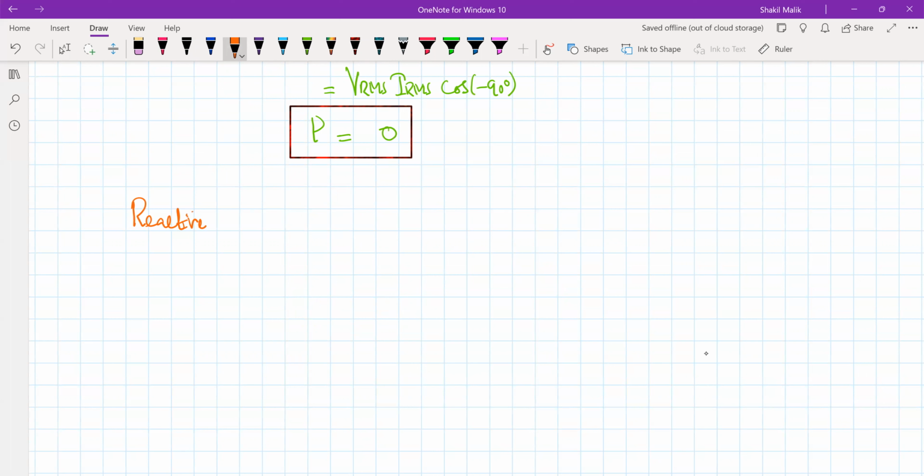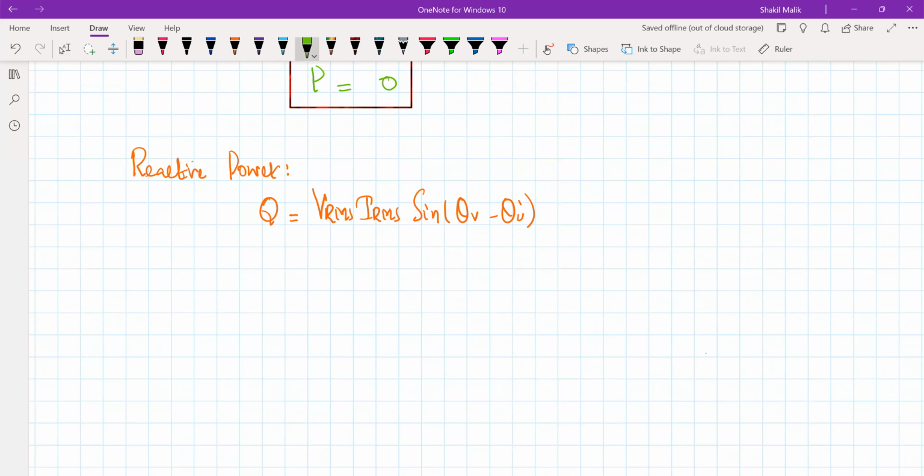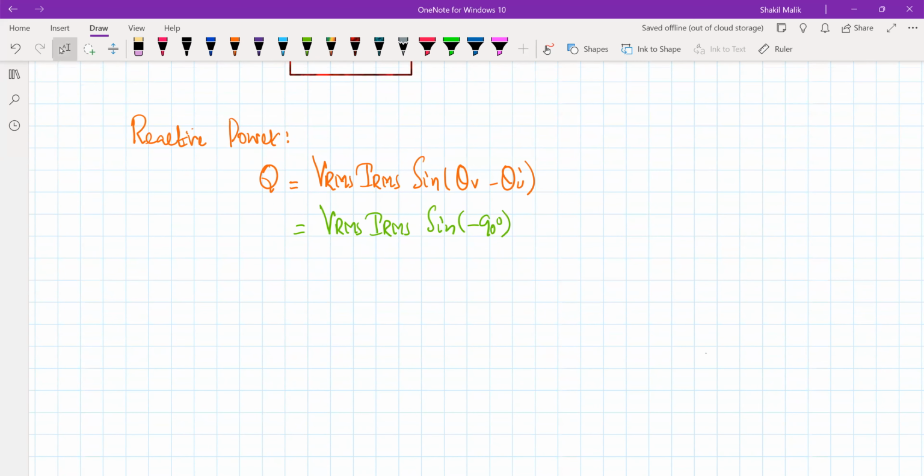Above is the real power; now the reactive power is defined by the capital letter Q, which is equal to Vrms Irms times sine of theta v minus theta I. Substituting theta v minus theta I equal to minus 90 degrees, it is Vrms Irms sine of minus 90 degrees. We know sine of minus 90 degrees is simply minus 1.